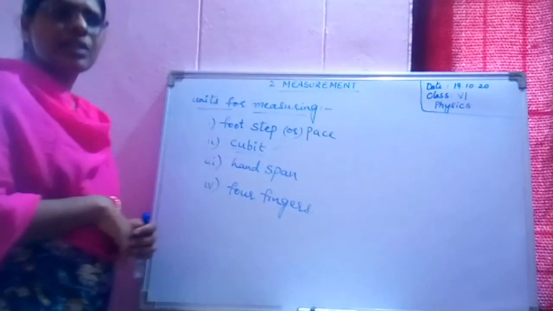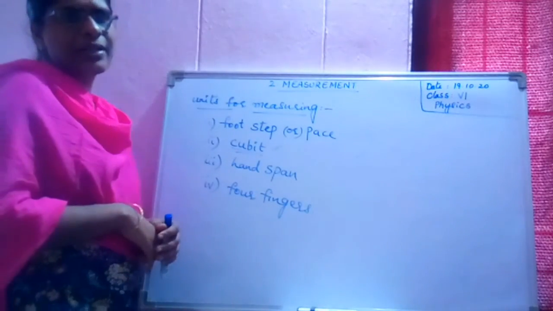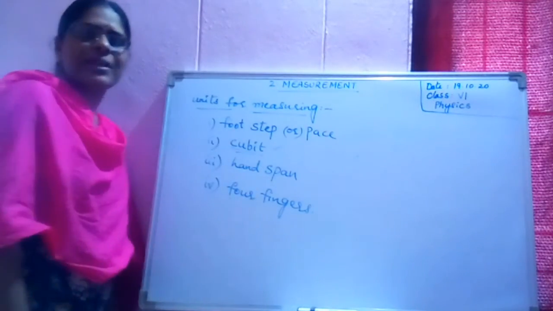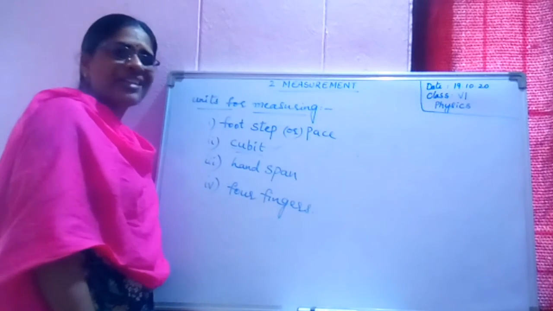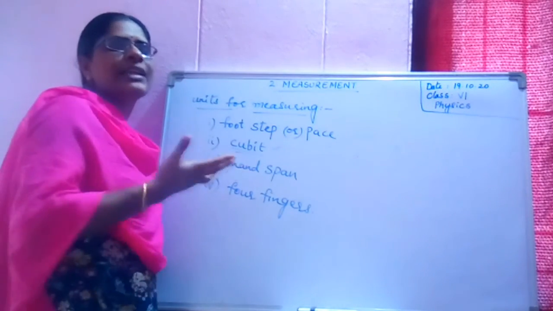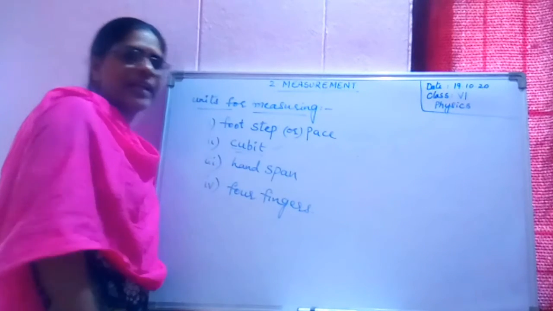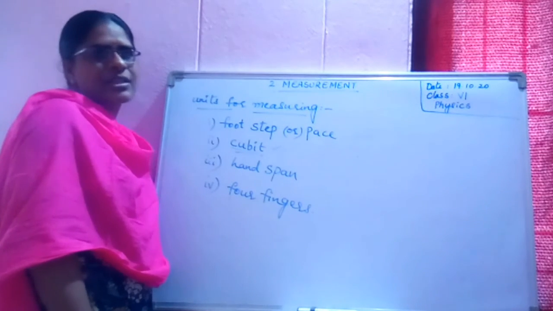If I am getting 10 centimeters, and another person is getting 6 centimeters or 20 centimeters, that means it's not an accurate value. There is a difference.